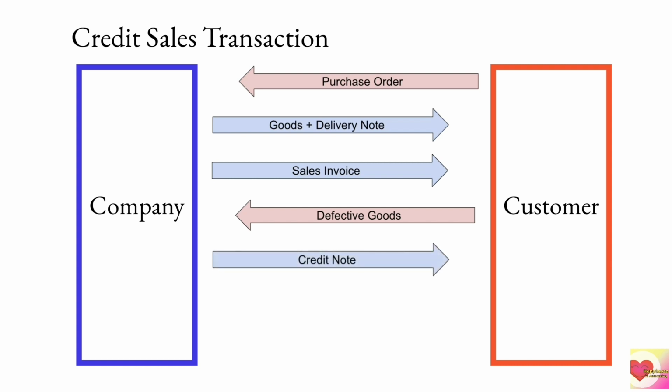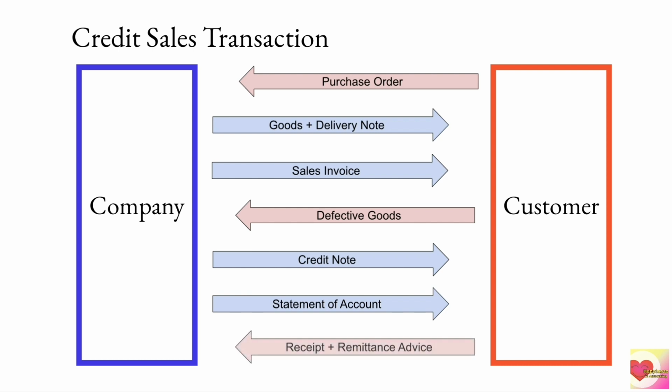The company will then create a credit note and send it to the customer containing the details of the defective goods as agreed by both parties. After a period, for example, after a month, the company will send a statement of account to the customer. The customer will then pay the company, so the company will receive the payment plus remittance advice.